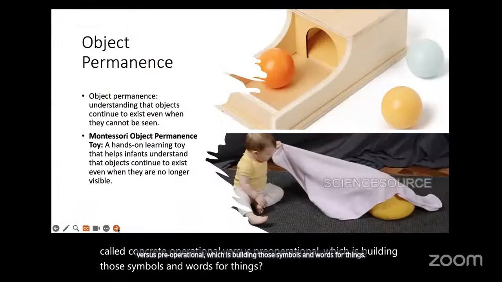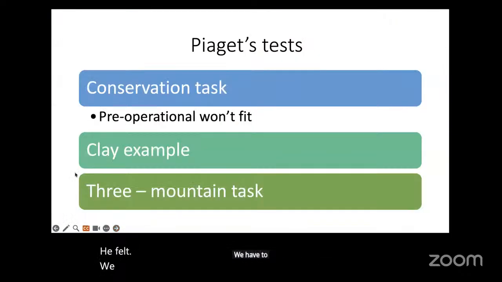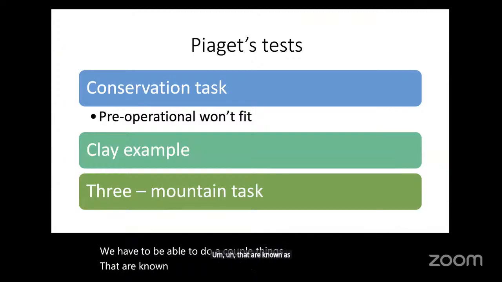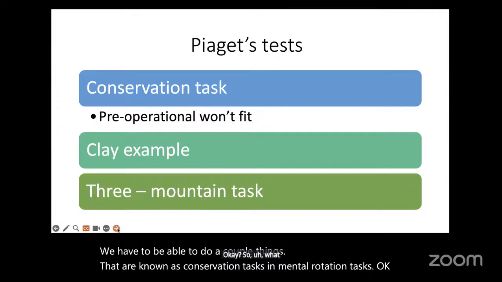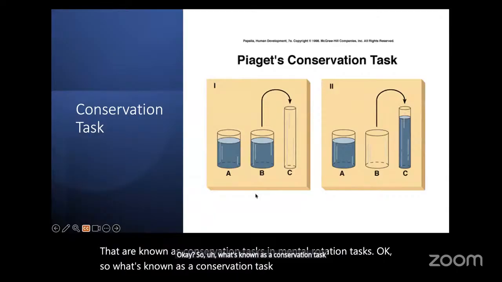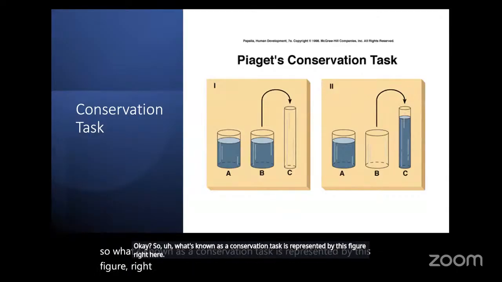Well, he felt we have to be able to do a couple things that are known as conservation tasks and mental rotation tasks. Okay. So what's known as a conservation task is represented by this figure right here.